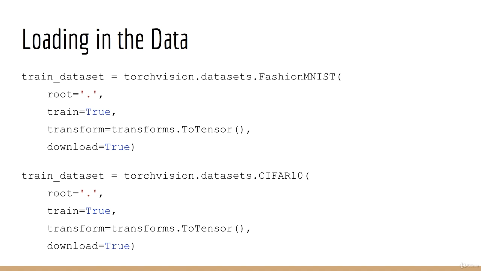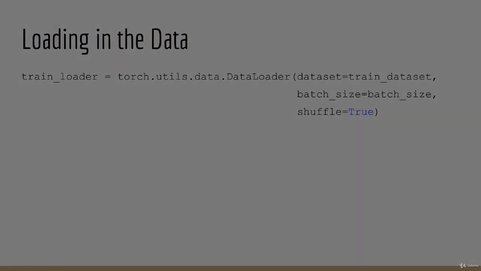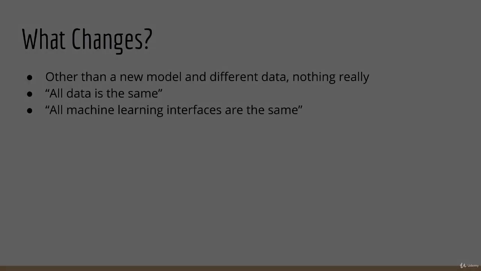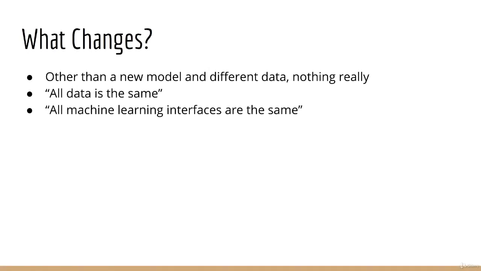Nothing too surprising there. Inside the training loop, we can loop over the datasets in batches by using the data loader, which, you guessed it, looks exactly the same as before. So what changes? Other than changing the model and changing the data functions, nothing really. So this is a great time to remind you of my 2 rules. All data is the same, and all machine learning interfaces are the same.